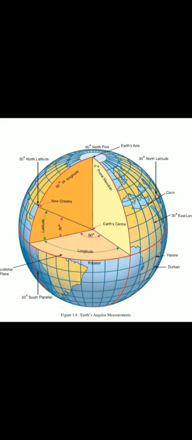The same concept holds good for all the parallels. We can draw 181 parallels on the earth at an interval of 1 degree. At 0 degree is the equator.